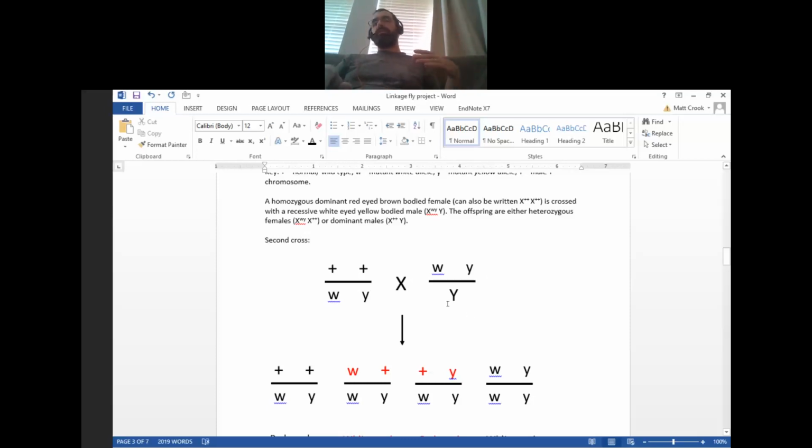What you're doing is you're providing a blank slate, essentially, to see what chromosomes you get out of the female. So because these are standard dominant recessive traits, with the recessive chromosome, all you will see is the allele combination on the chromosome coming from the other parent. Does that make sense?